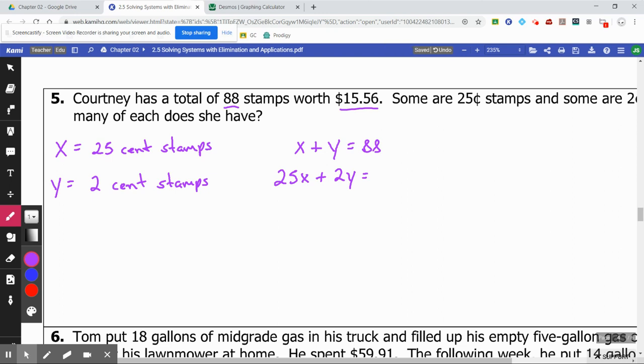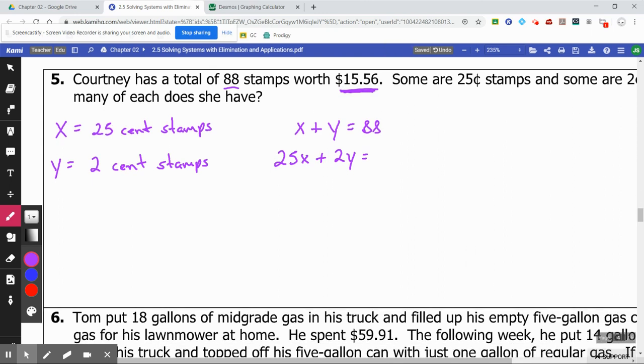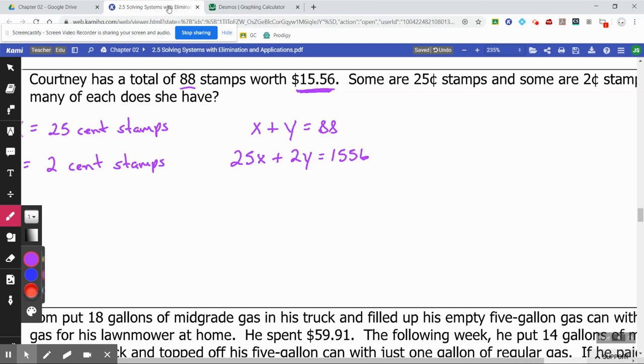Now you've got to be careful. That's not in cents, that's in decimal form of money. So if I want to do 25x and 2y, instead of doing $15.56, I have to do 1,556 cents.